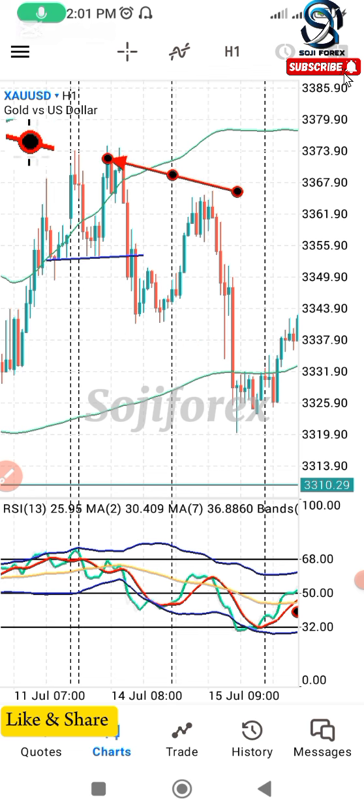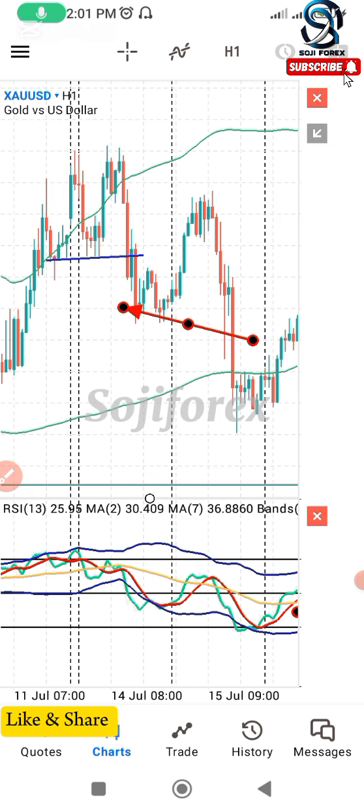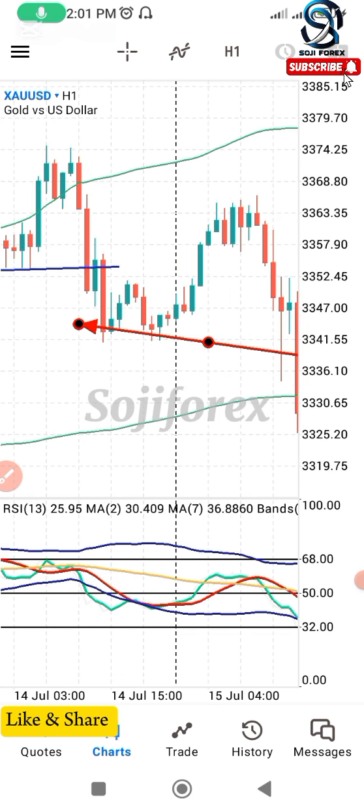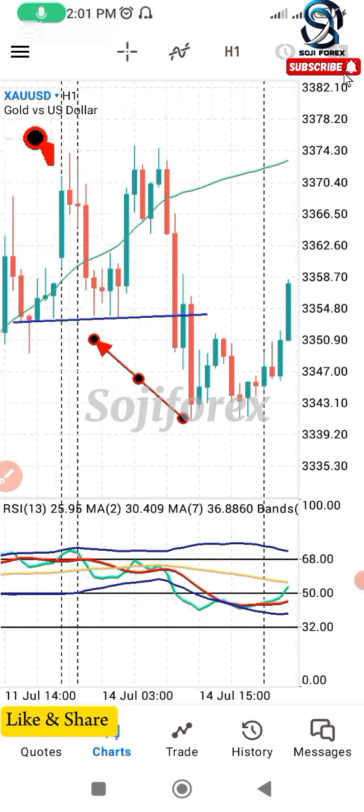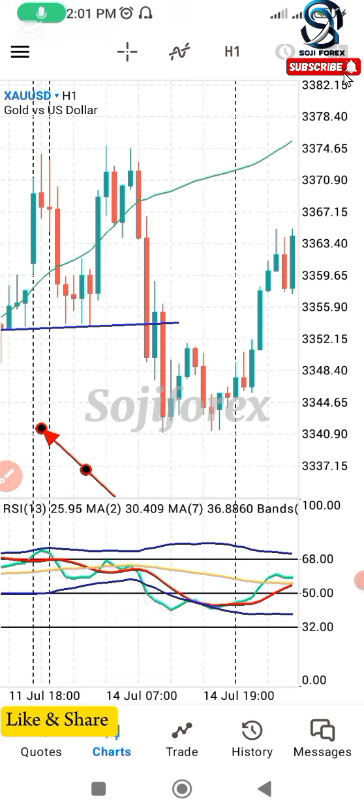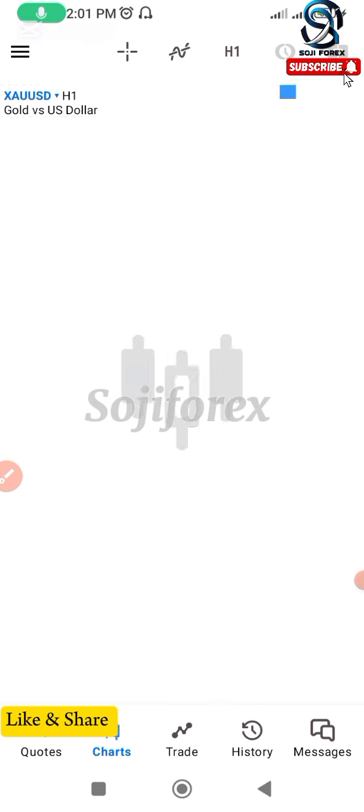So there is this last bullish candle that initiates that movement that breaks structure. That is the candle we are referring to as this order block. So I'm going to mark that candle now as my order block.